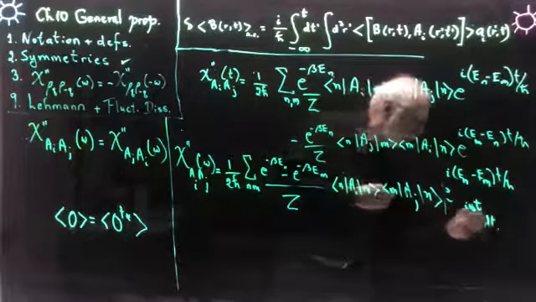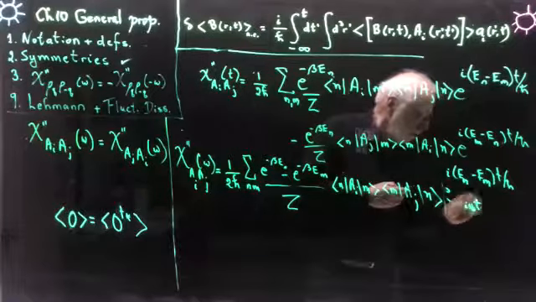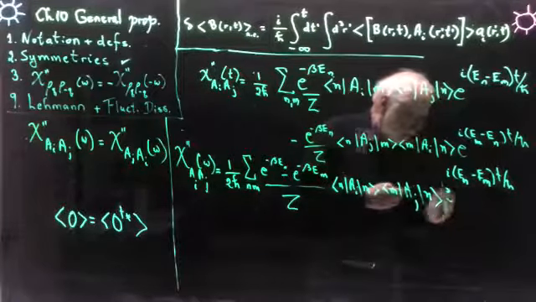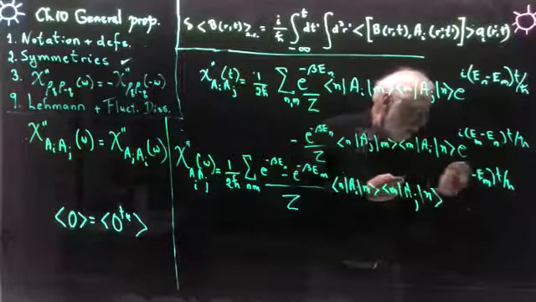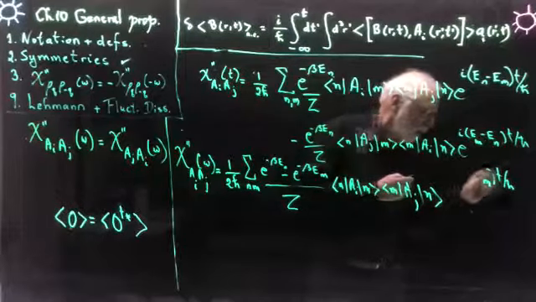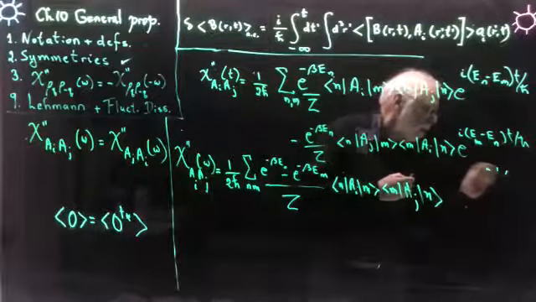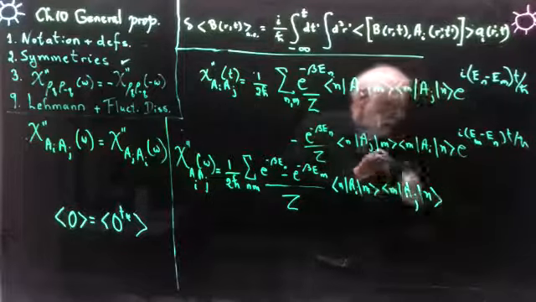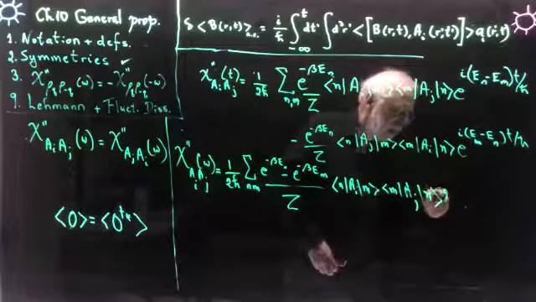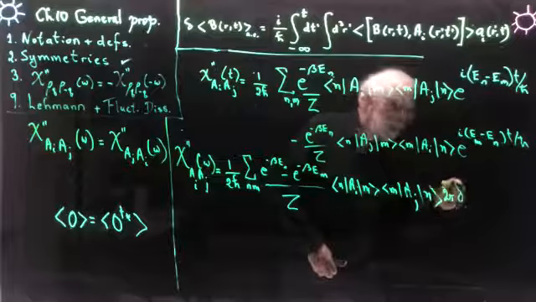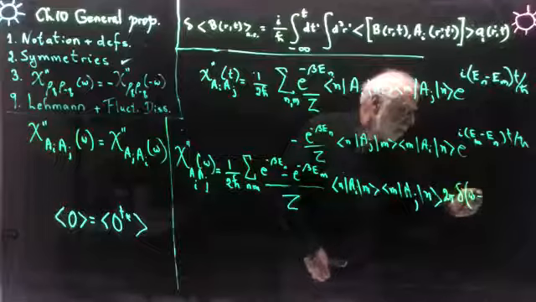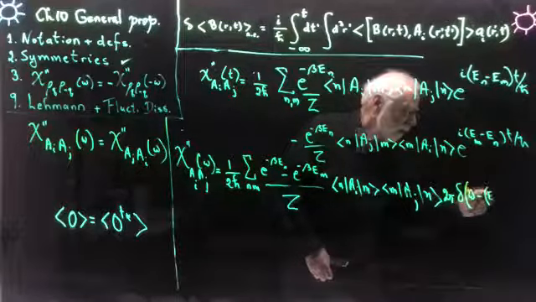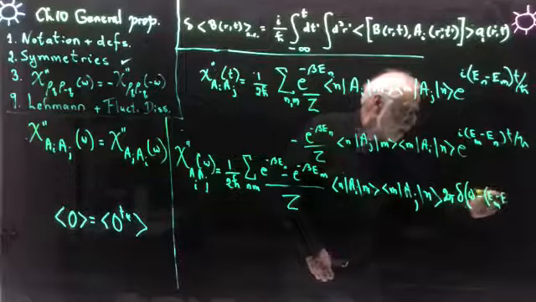So using Dirac's representation of the delta function, this is 2 pi delta of omega minus (E_m minus E_n) over h bar.